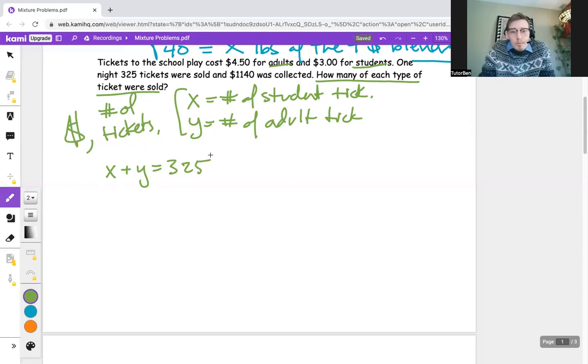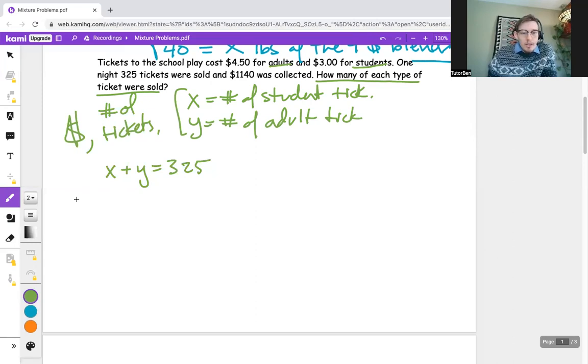The second part of this: if the first equation is talking about tickets, our next equation is going to have to talk about money. So this is where we have to build a relationship between the number of student tickets, number of adult tickets, and the total cost. If one student ticket is $3, 2 would be 6, 3 would be 9.